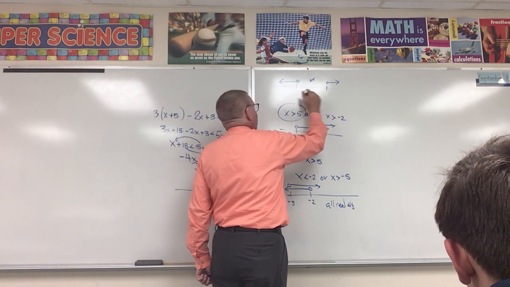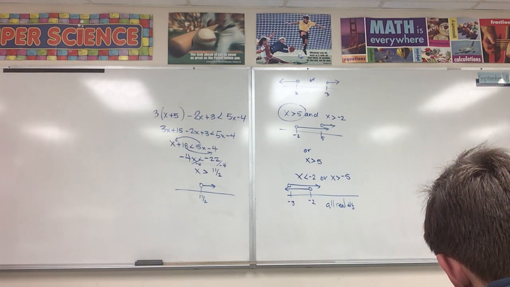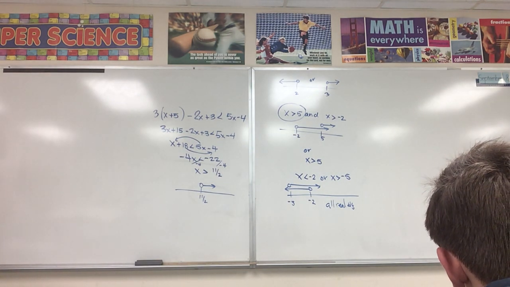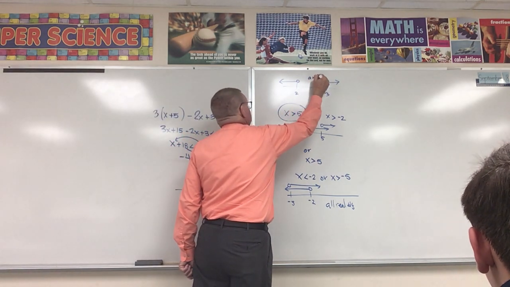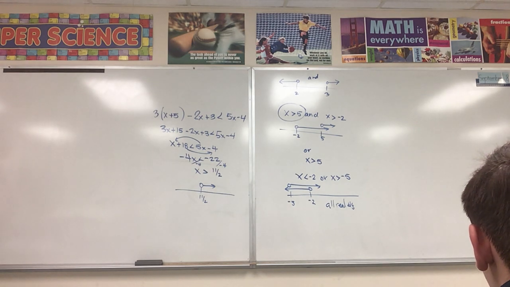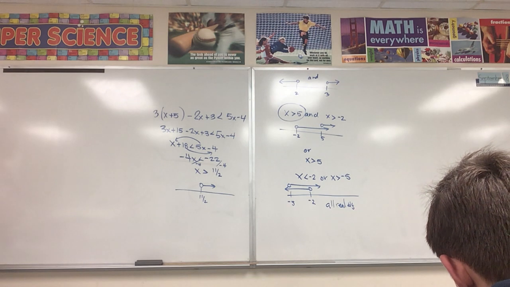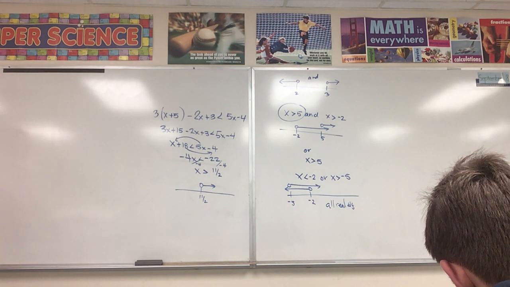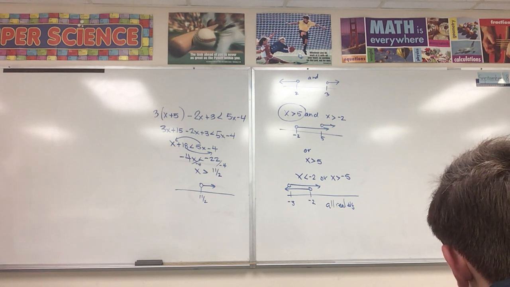I need to make sure I put it in chronological order here. It would be x is less than 2 or x is greater than 3. If this was an "and," what would be the simplest way to write that? No solution, because there's nothing in common. So be careful when you get these compound inequalities to make sure you write the answer as simply as possible. Okay?